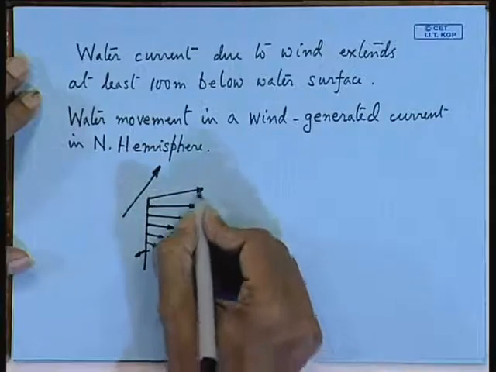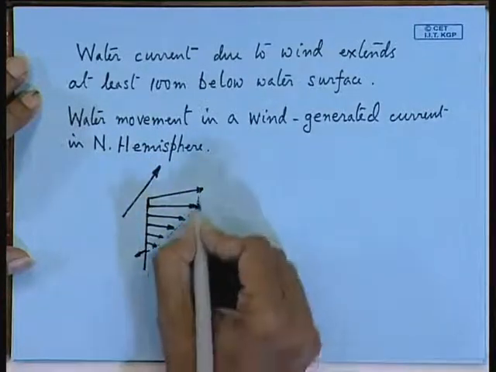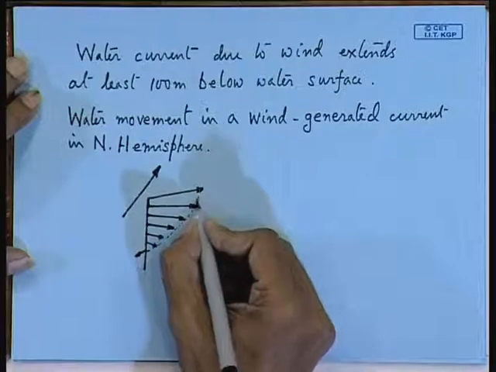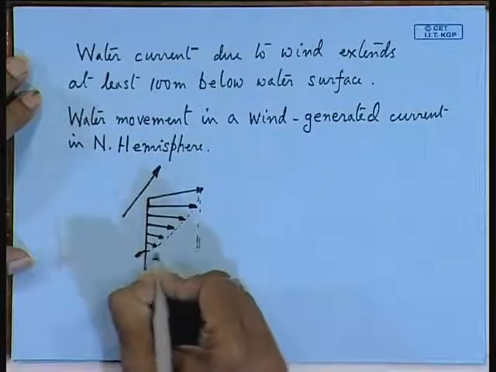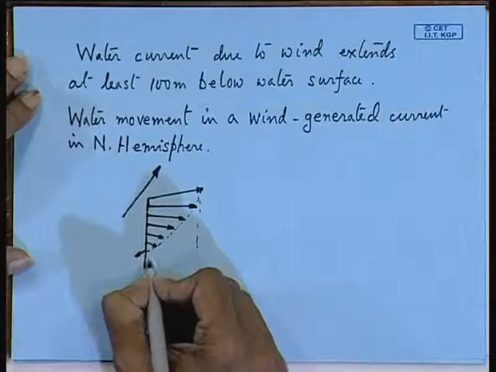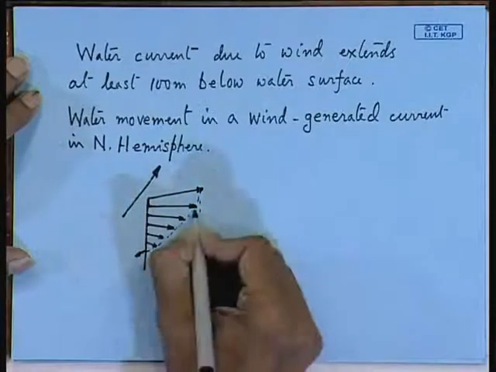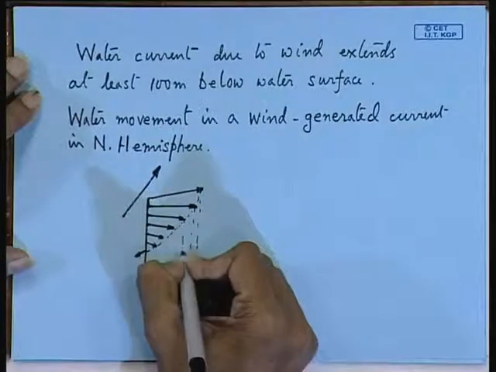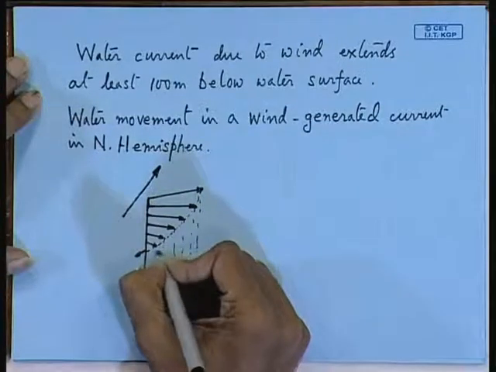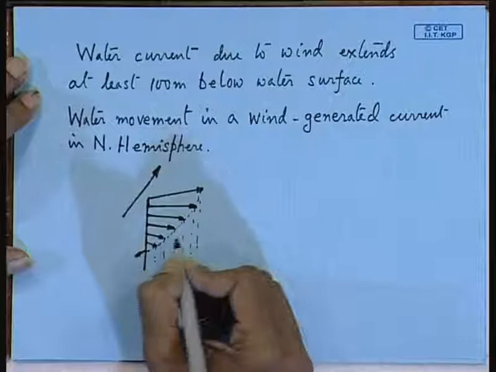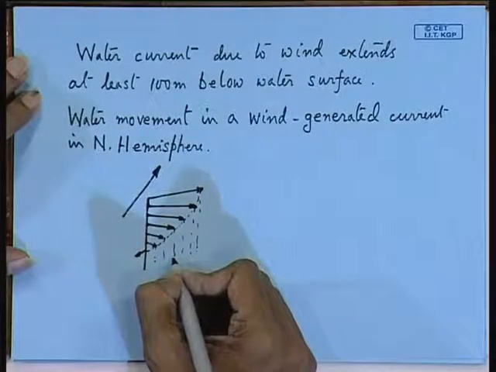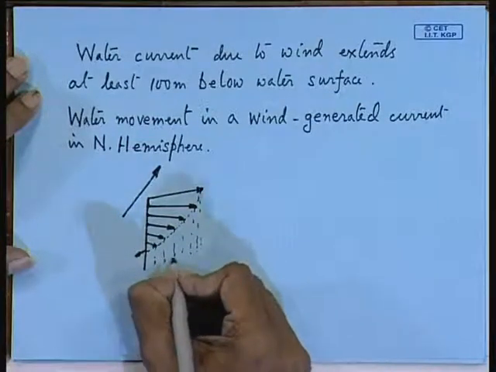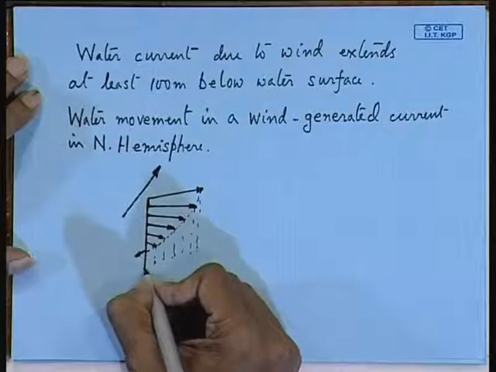You take the projection of these vectors on a piece of paper, you will get a curve like this.